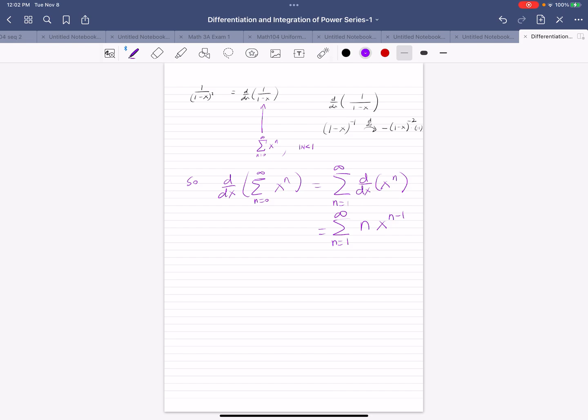And this means that 1 over (1 minus x) quantity squared is equal to this power series on the domain negative 1 to 1.